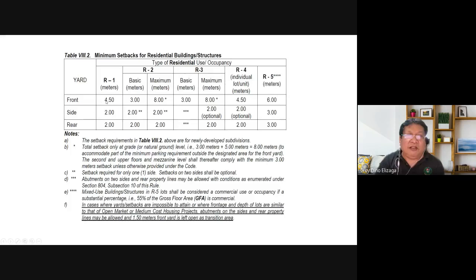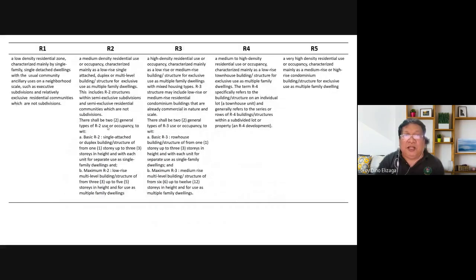So in front is 4.5 meters, towards the sides, on both sides is 2 meters, and then 2 meters at the back. Okay. The rest, you can just read on this later. Our first plate, I think, was on R4, a medium to high density residential use or occupancy. Okay.